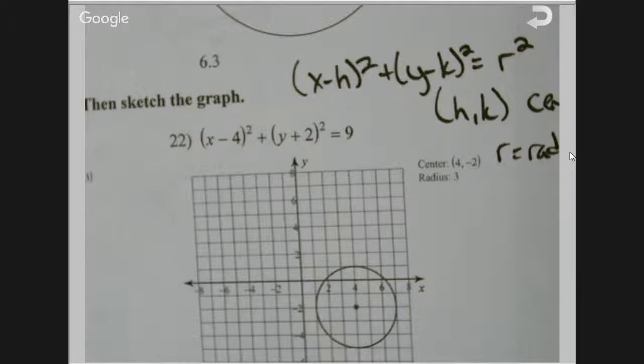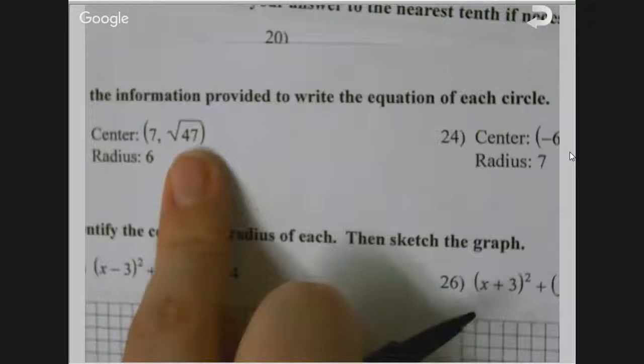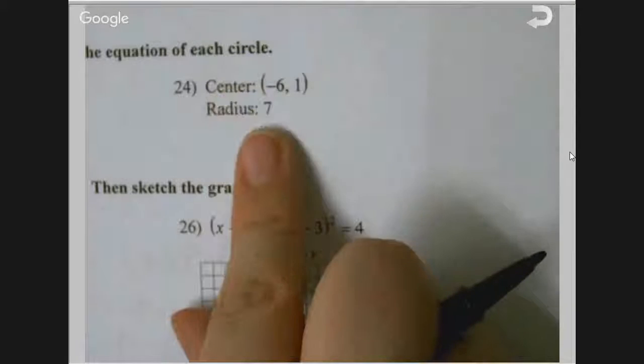You should be able to also go in reverse. I want to find a good example. You should be able to write the equation. Does anybody still need to see that? Okay, so if I was writing the equation, this is what I'm given. Number 24, I'm told the center and the radius.